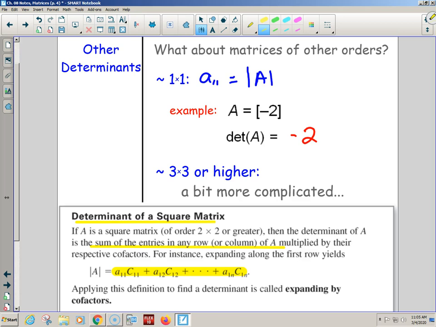If you're going to be multiplying the entries in a row or the entries in a column by something, if you have zeros, what's nice about zeros when you multiply? It makes it 0. So maybe I'll be choosing the rows or columns with zeros, because then when I multiply, they go away. Not everything, but some things. What's a cofactor?